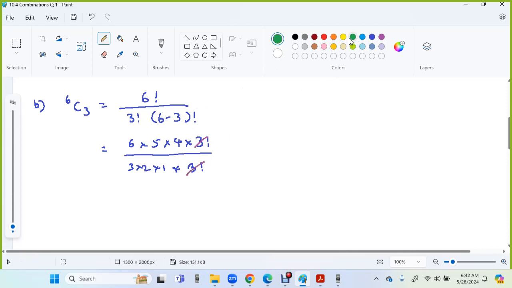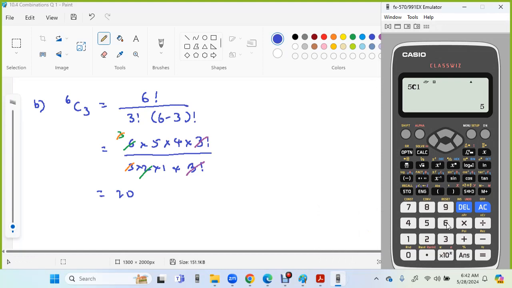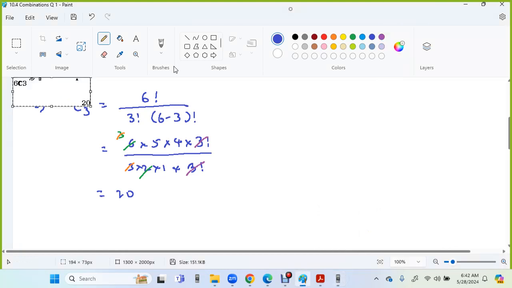So the 3 factorials cancel. Then 6 and 3 simplify, leaving the answer 20. So 6C3 is equal to 20.